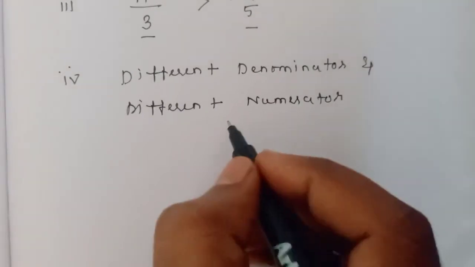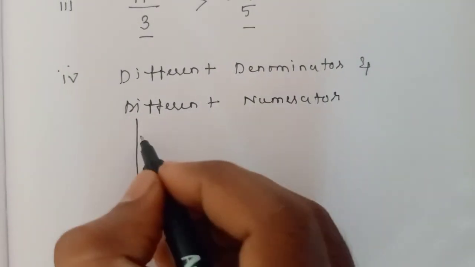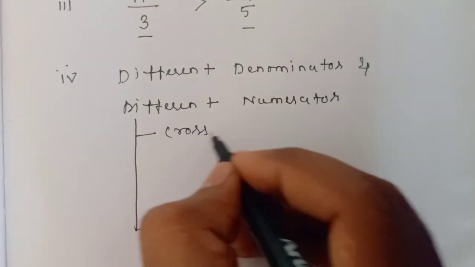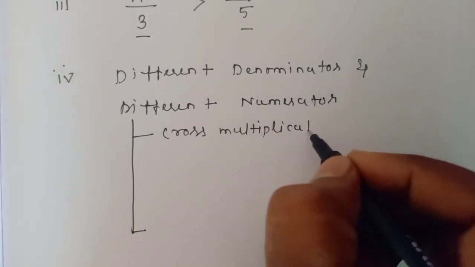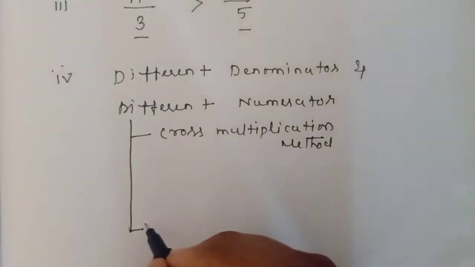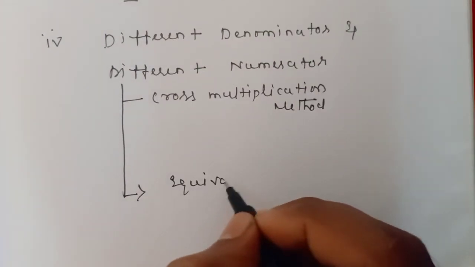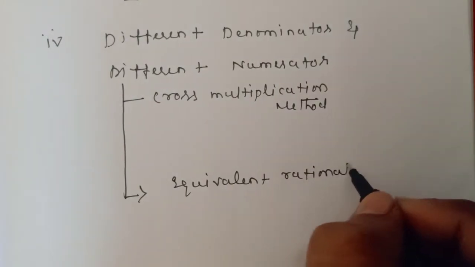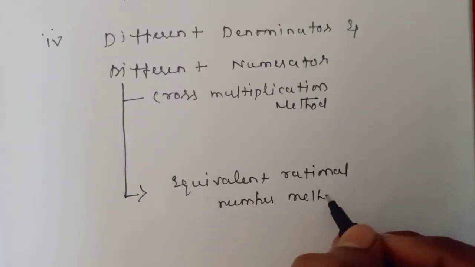In this situation, we follow two methods: cross multiplication method and equivalent rational number method.